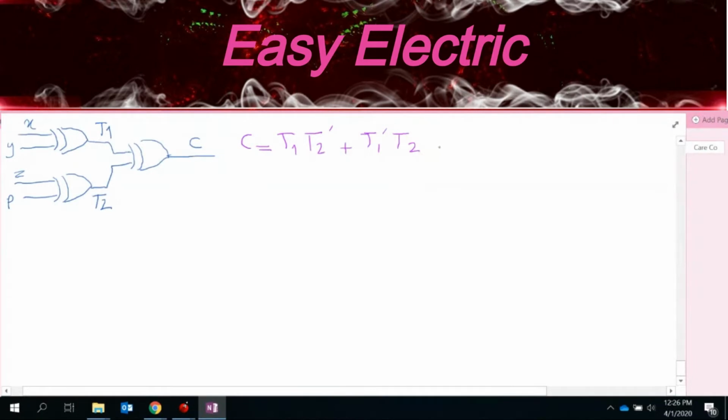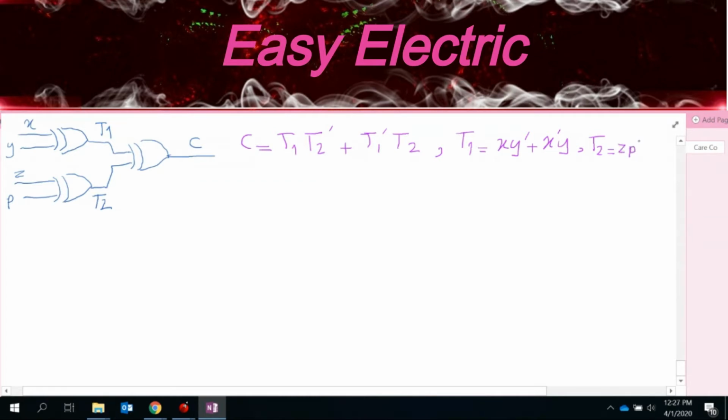So that means I need to find the T1. So T1 again is another XOR based off the X and Y, right? So that means T1 is X Y prime plus X prime Y, right? That's just the definition of the XOR, right? The same thing for T2. So T2, if you check here, the input is Z and P, that's XOR.